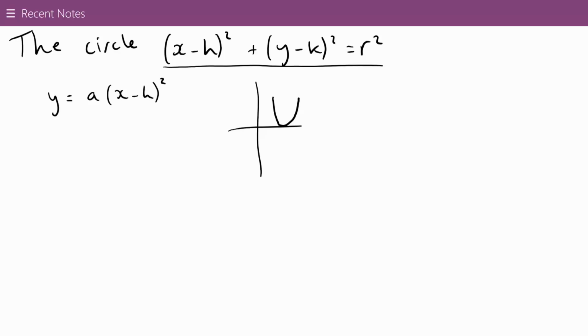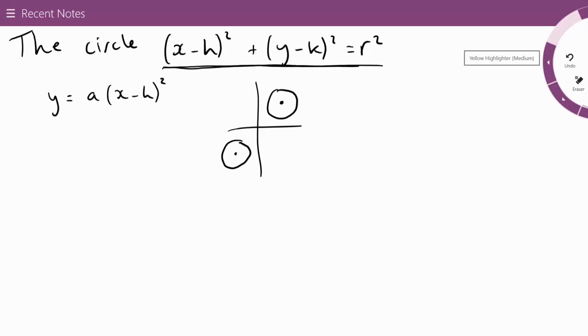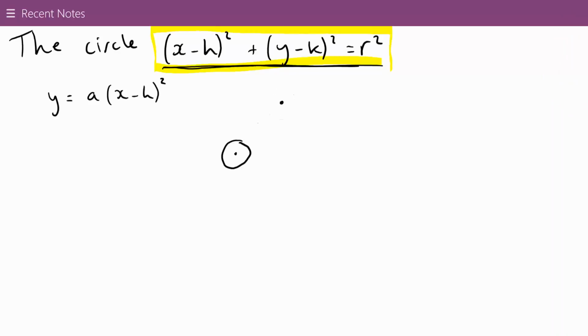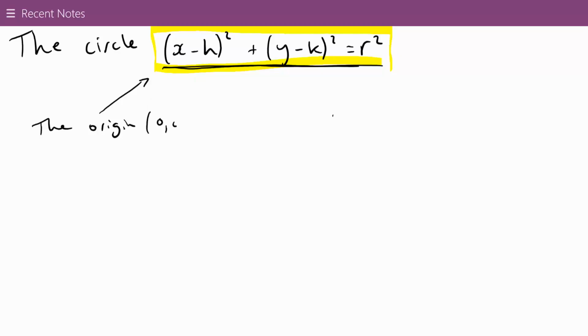So you might have a circle up here with this point as the center. There might be one down here. So the origin is not the center when it is in this form. So let's highlight this or put it in a box. So what we can say about this one is the origin 0, 0 is not the center.